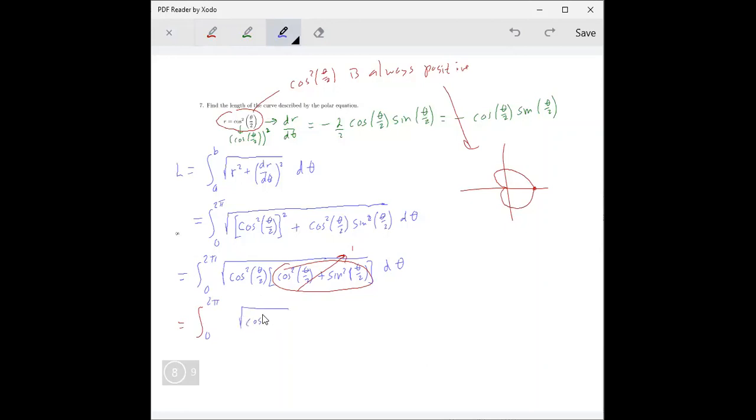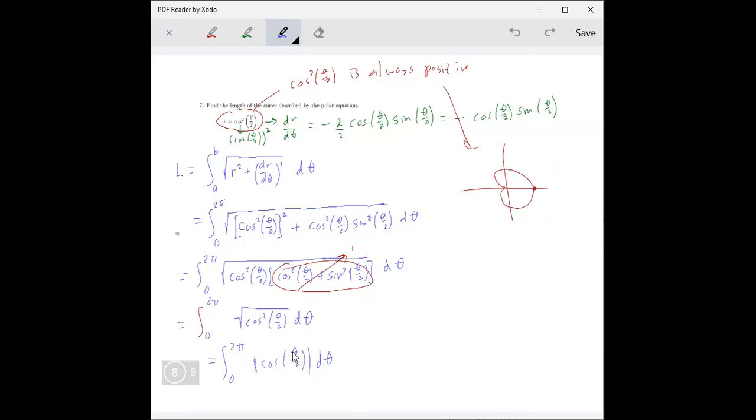The square root of cosine squared of θ over 2. Now, you might be tempted to just drop the radical because, after all, the radical and the square cancel each other out. But really what happens is you get the absolute value of cosine of θ over 2. Because we did discuss that when θ becomes more than π, for example, when you put π over 2 in here, it's negative, right?